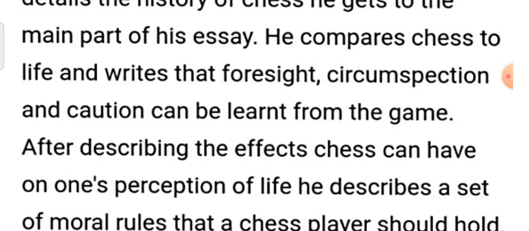I'm going to explain all these three to you. How foresight, circumspection, and caution can help us in our life, and how do we learn it from the game.